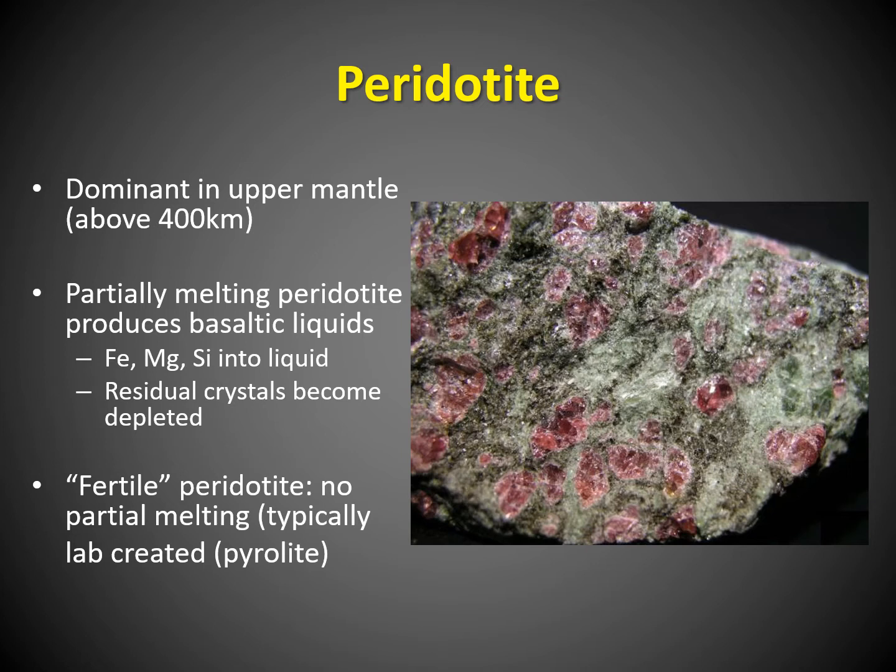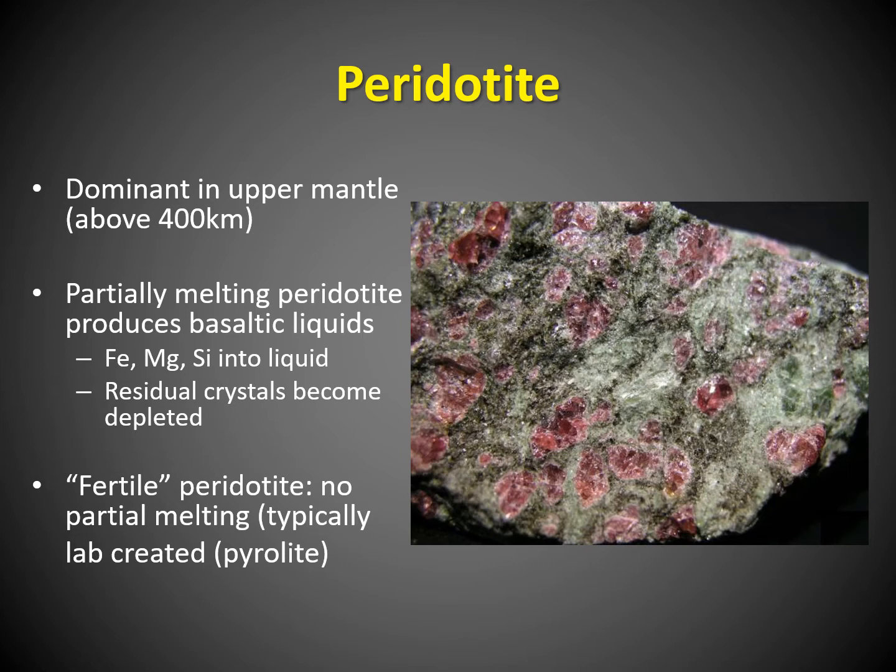Now, unfortunately, when we look at mantle xenoliths, stuff that comes up in the basalt, it's coming up from the area that's melting. So it's been depleted in the materials that became the melt.